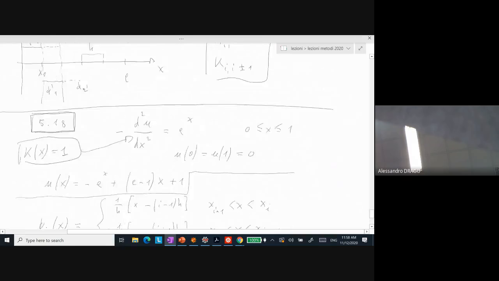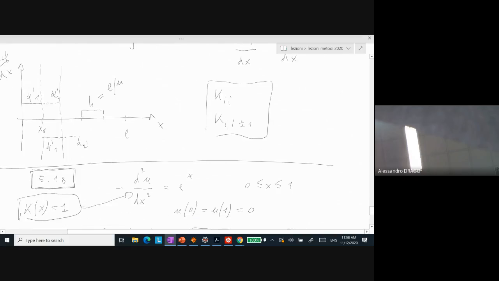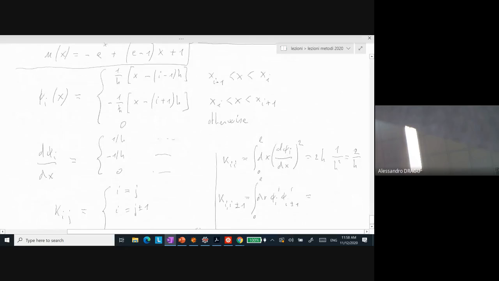These two derivatives overlap just on one interval having a length h, and they have opposite sign, because one of them is rising and the other is decreasing.